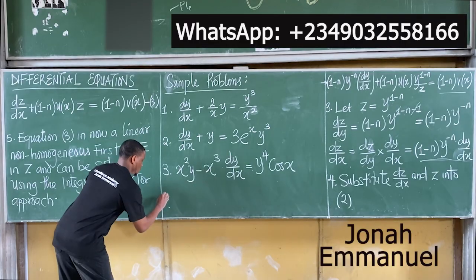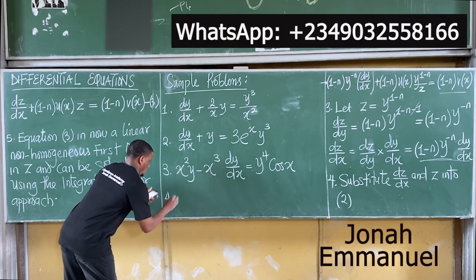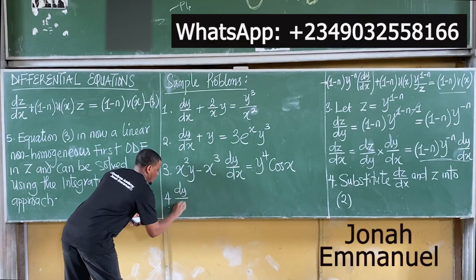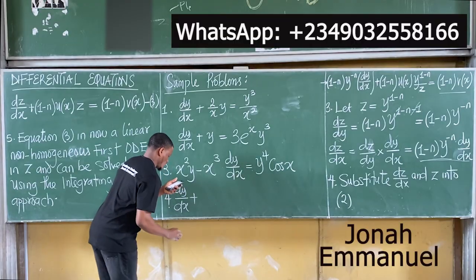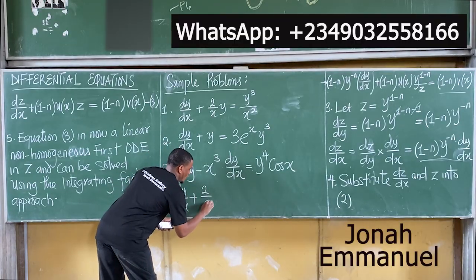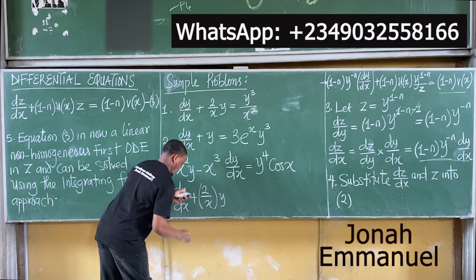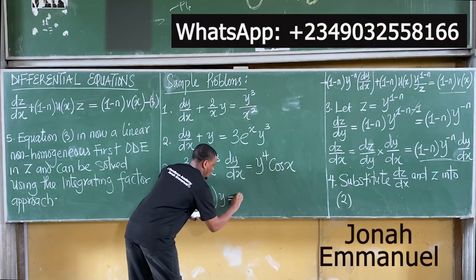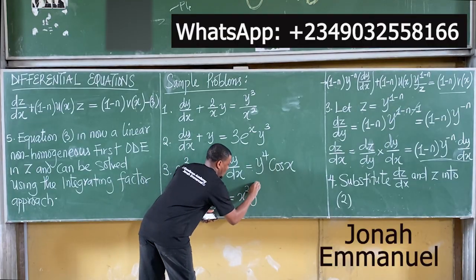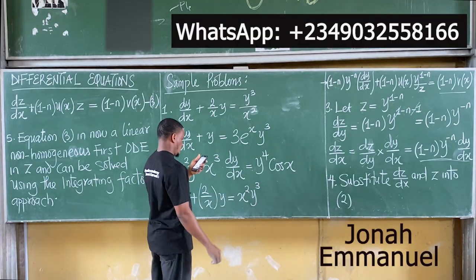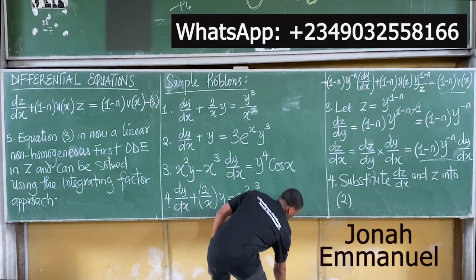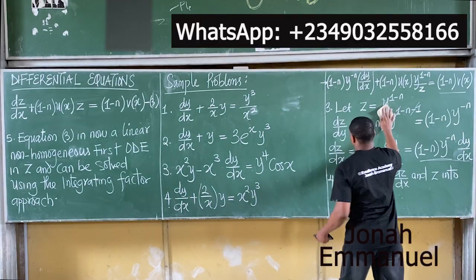Number 4, dy/dx plus 2 over x y is equal to x squared y cubed. Let's see some other questions here.